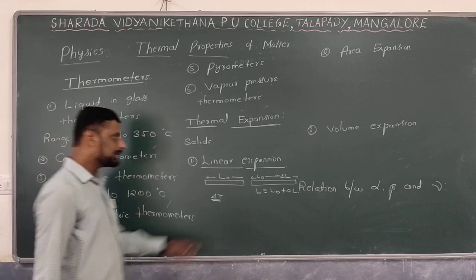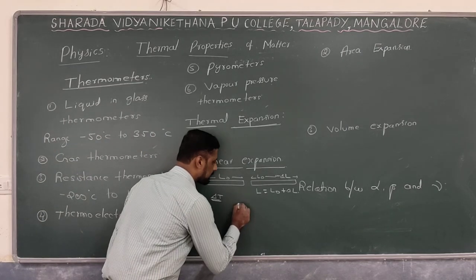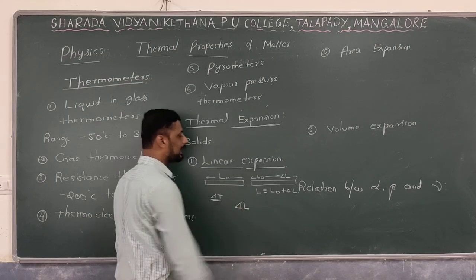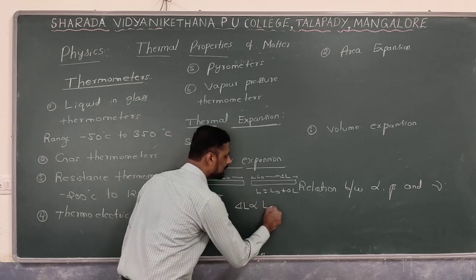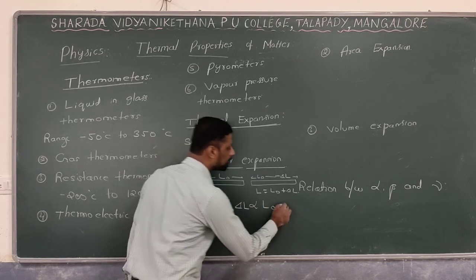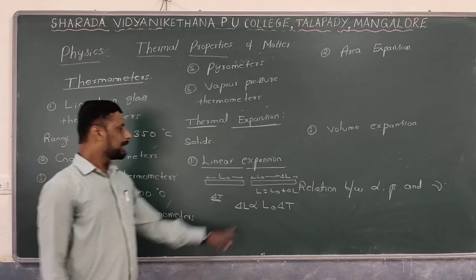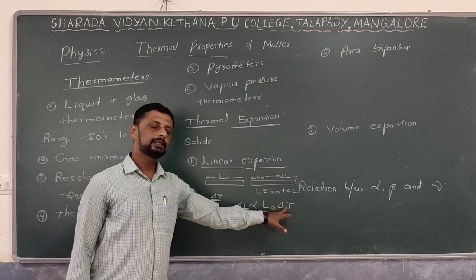How can you relate the initial length, the final length and the change in temperature? Here it can be written that the change in length delta L is directly proportional to the original length, that is L0, into the change in temperature, that is delta T. So the change in length is directly proportional to the original length as well as the change in temperature.